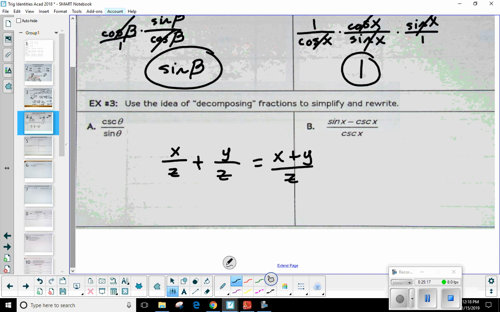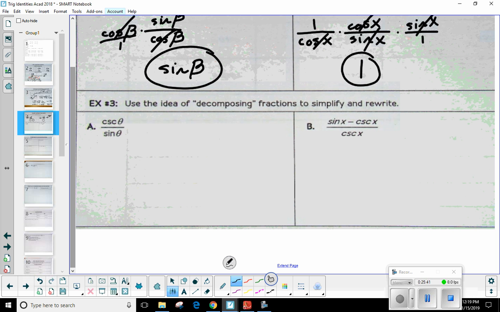Well, the nice thing about mathematics is that a lot of these rules that we work with are all reversible. So I can actually go from one to the other. And that's probably what I would recommend you do here. Instead of changing everything to sine and cosine, you could absolutely do that, but then you're going to have a fraction over a fraction, and it might get a little complicated.